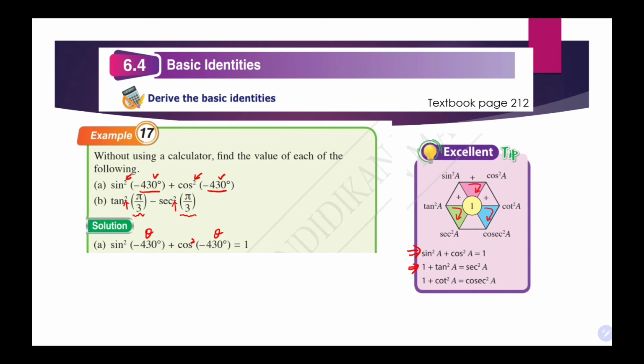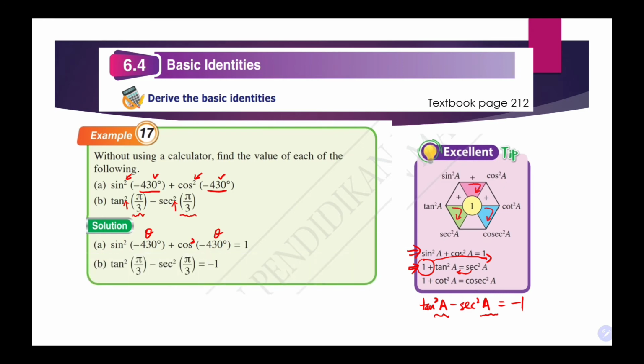If we want tangent minus secant, I need to bring the secant to the left to be minus, and the 1 I have to move to the right hand side and it becomes negative 1. So as long as these two angles are the same, tangent square of pi over 3 minus secant square of pi over 3 gives us negative 1.